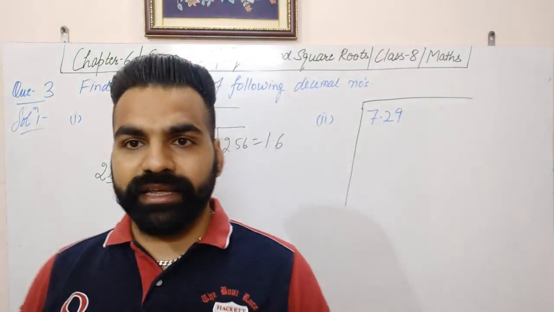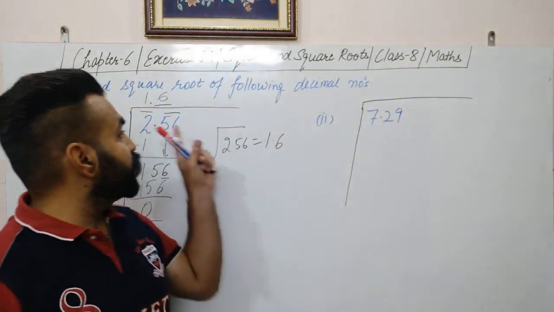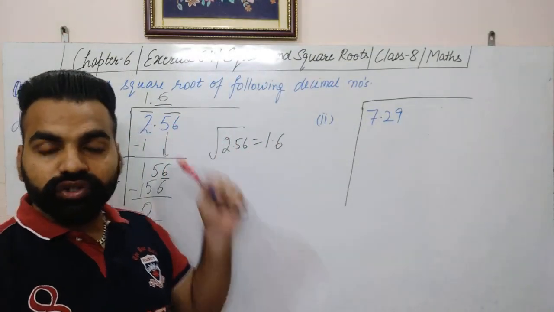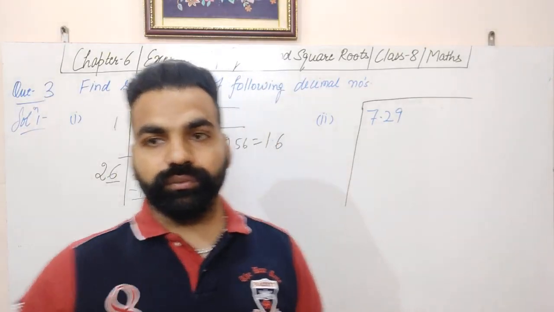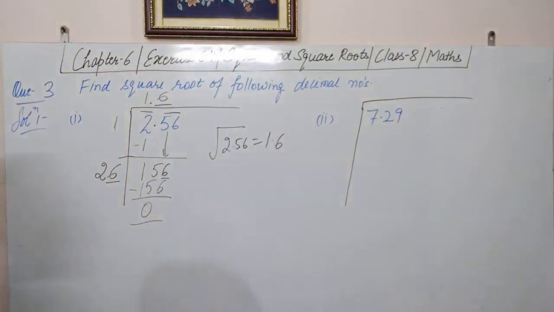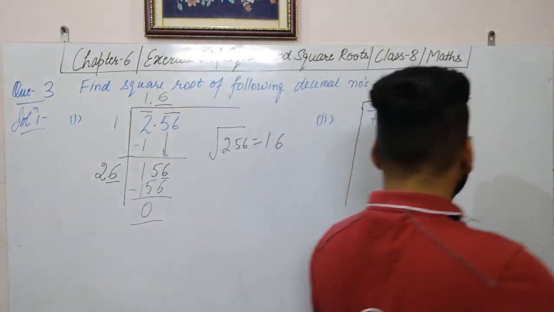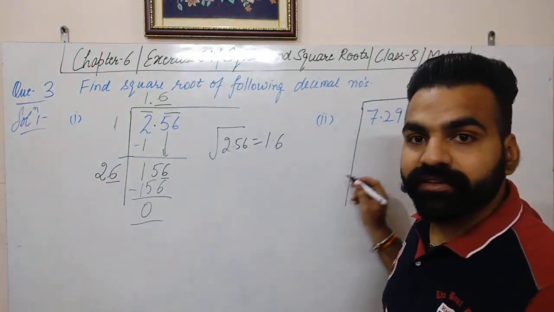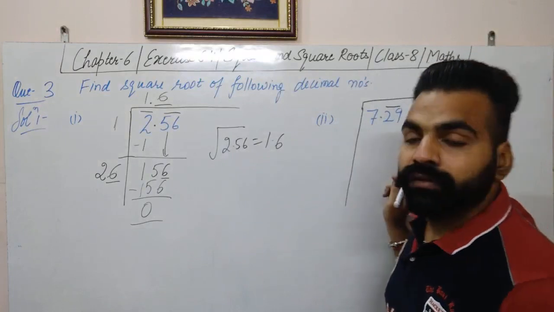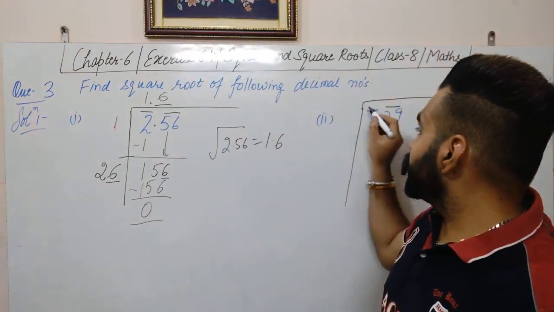The method is the same; we just have to put the decimal in the quotient whenever the pair after the decimal is taken below. Now the second part, 7.29. First of all we will make pairs. So the first bar will be put on 29 and the second bar will be on 7.